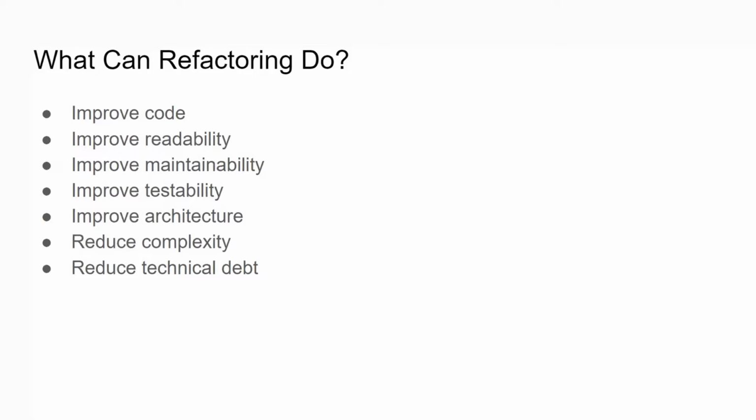If you're wanting more maintainable code, readability is a good first step, and lots of unit tests. Improving architecture is a bit more challenging because that's more of a long-term strategy. But certainly reducing complexity and reducing technical debt are great ways of using refactoring.